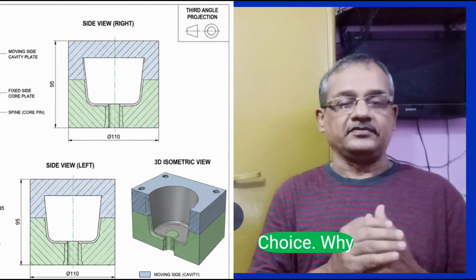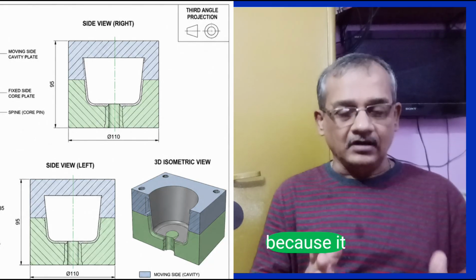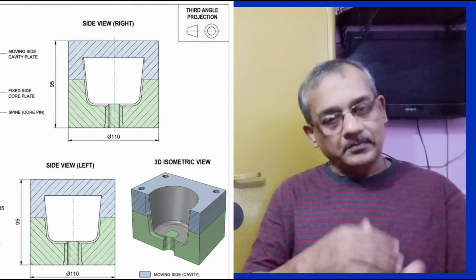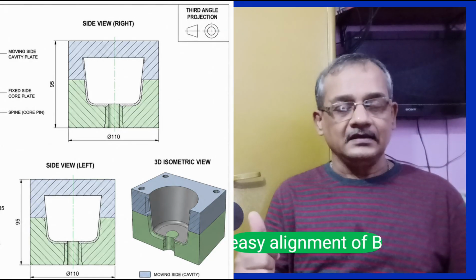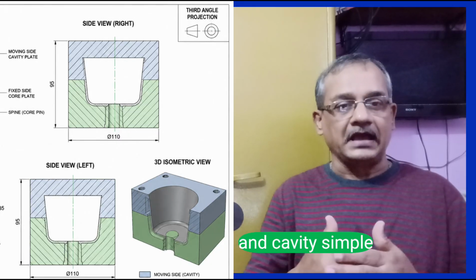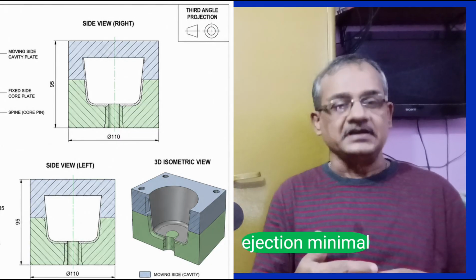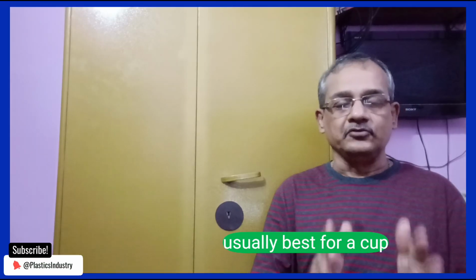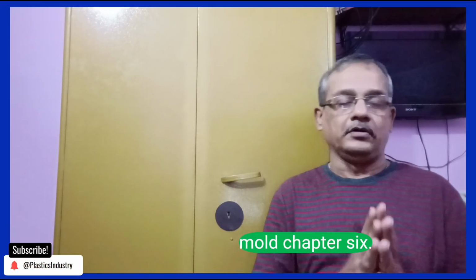Very common choice. Why? Because it offers easy mold machining, easy alignment of core and cavity, simple ejection, minimal flash visibility. This is usually best for a cup mold.